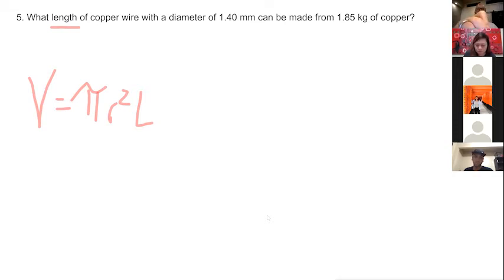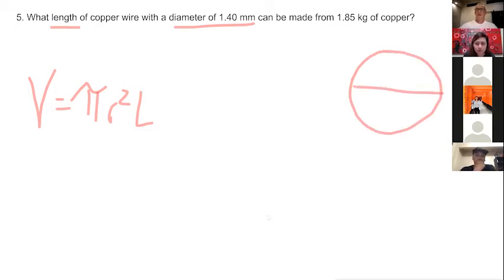This is a diameter, and on a circle, that's the diameter, right? From one side of the circle to the other. What's the radius? So if that's the diameter, what's the radius? It's half that, right?